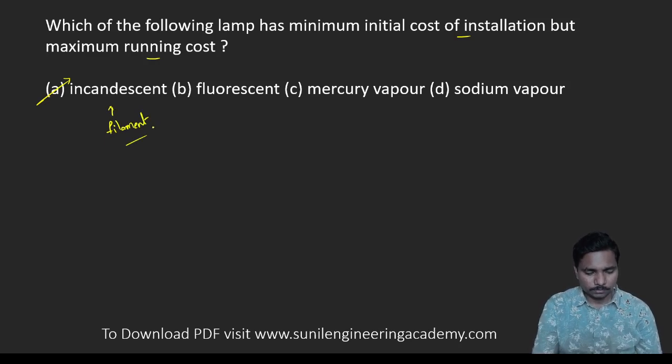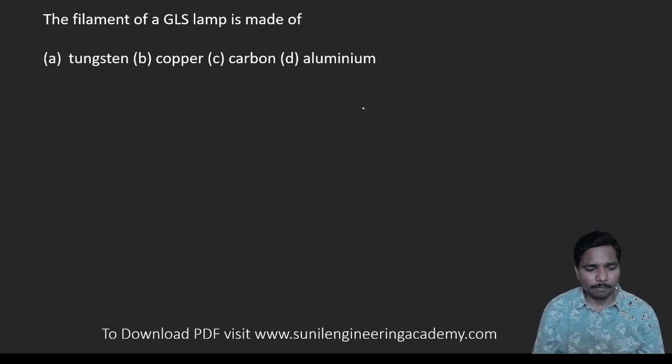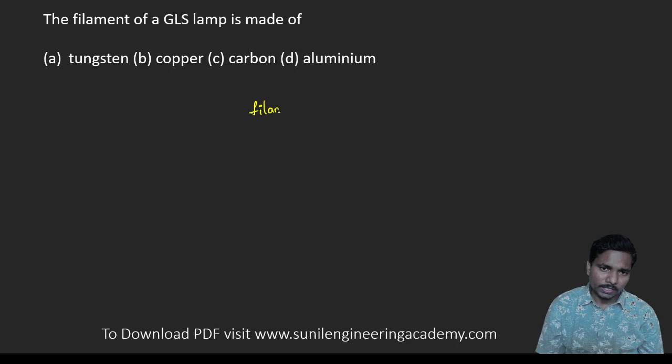Coming to the next question. The filament of a GLS lamp is made up of what? Which type of filaments are we generally using? We can use carbon and tungsten, osmium, and tantalum.